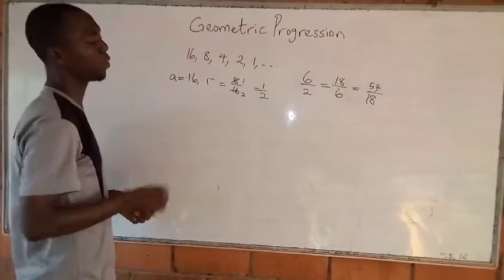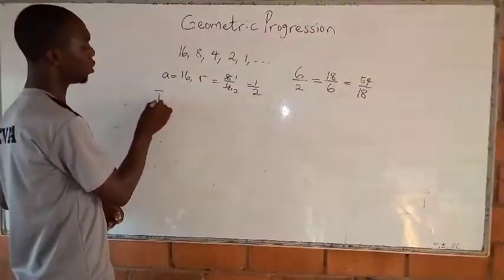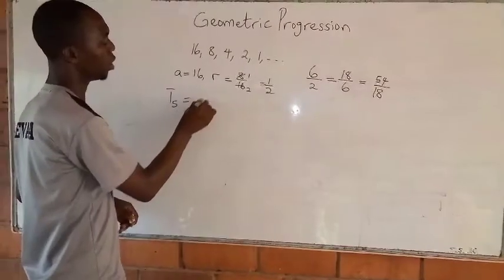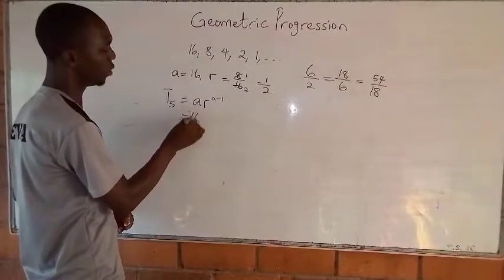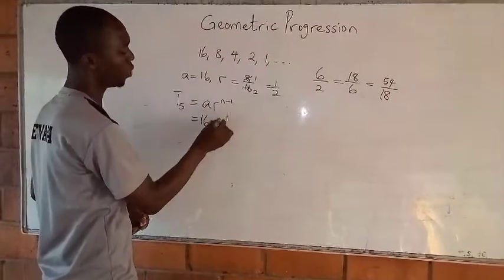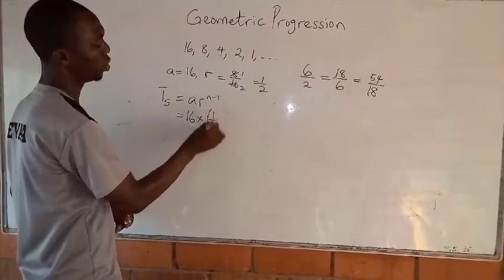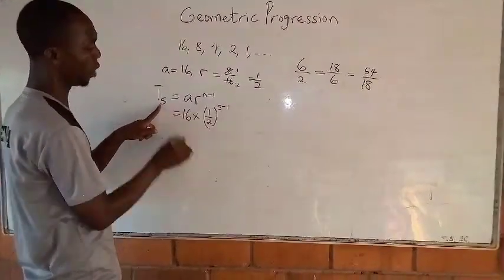In this case now, if I'm asked to find, let's say, the fifth term, the fifth term will be ARn minus 1. My A is 16. My R is 1 over 2, raised to power n, which is 5 minus 1.